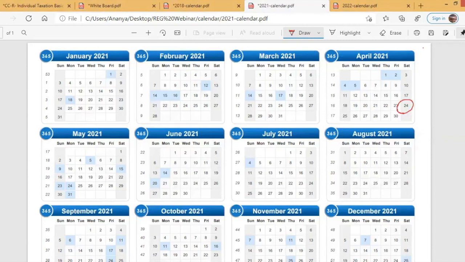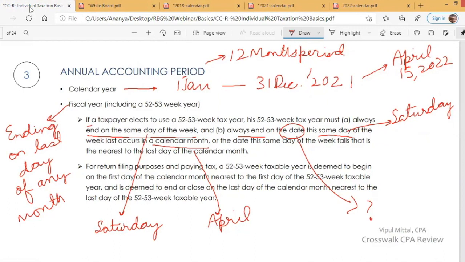So my tax year ends on this date. My 52-53 week tax year ends on April 24th, 2021. All right, let's go back. If a taxpayer elects to use a 52-53 week tax year, his 52-53 week tax year must always end on the same day of the week.